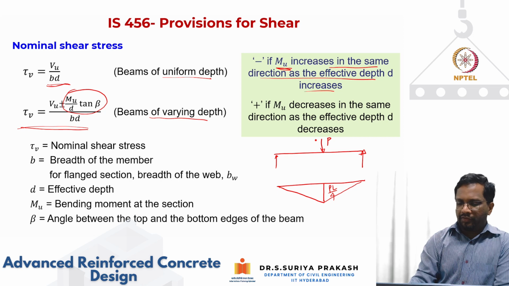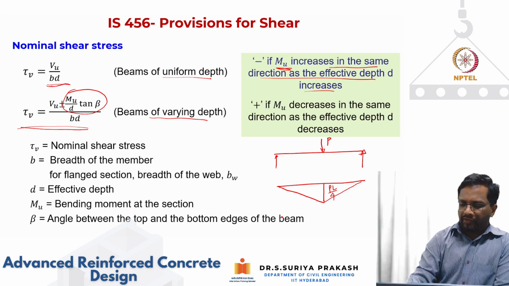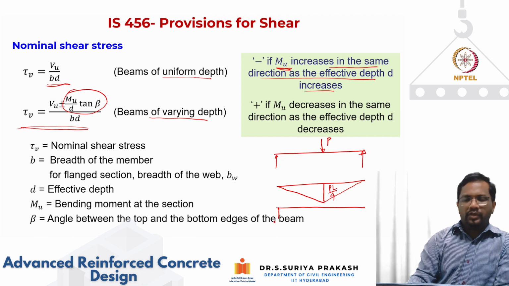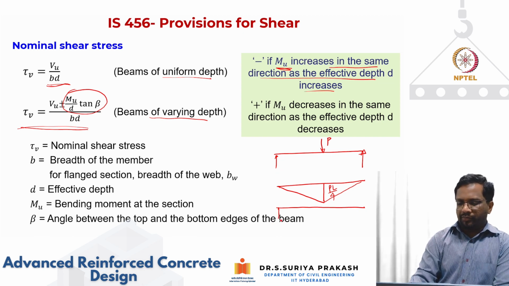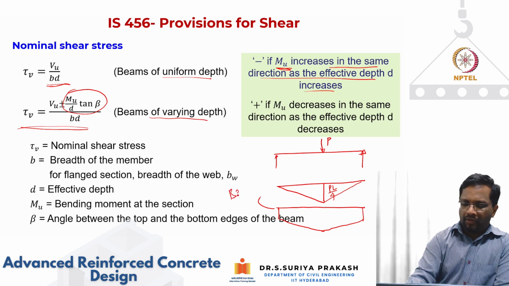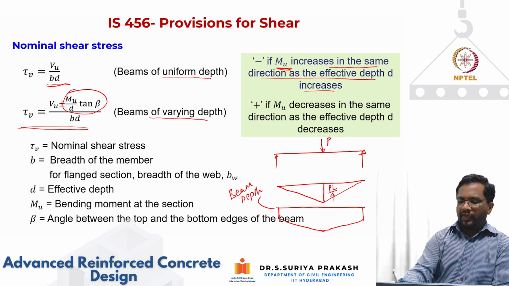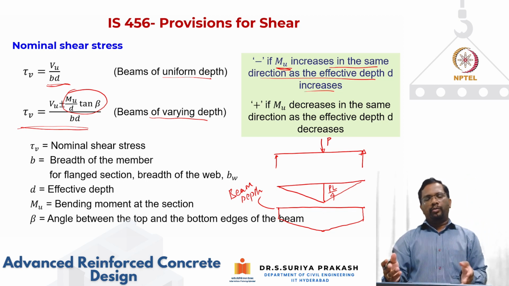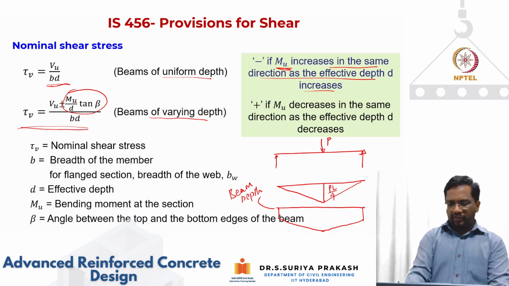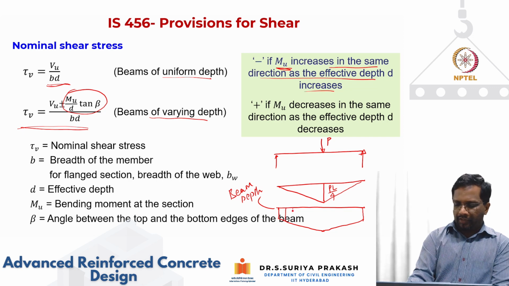Now for this beam, I'm providing a cross section like this, which is a smaller cross section for a simply supported case, and then it is going to vary like this. So here this is your beam depth. Wherever moment is higher, I'm going to put more depth. So in other words, the depth is increasing in the direction of your bending moment.